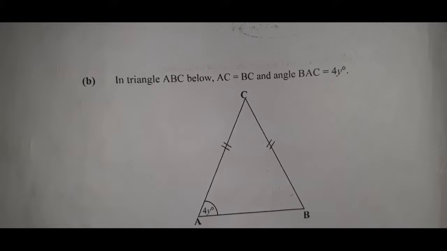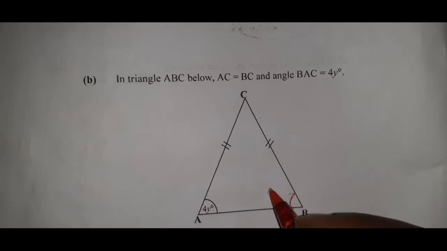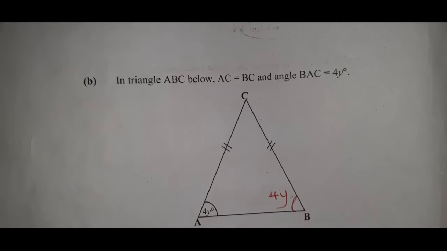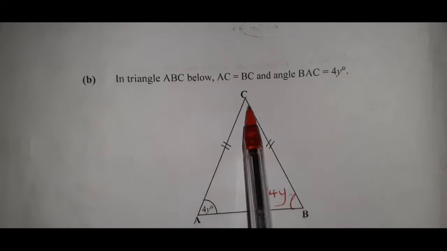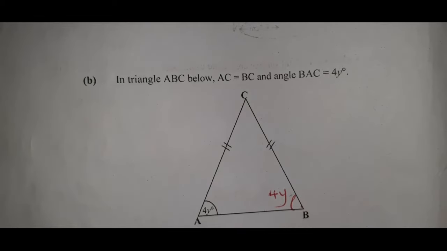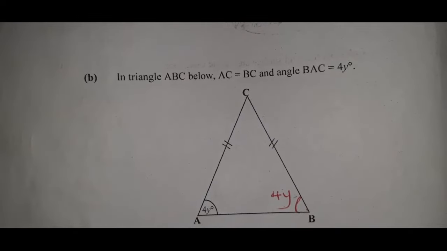This is an isosceles triangle here. So meaning, even this angle here is 4y. So we are told to express the size of angle ACB in terms of y in its simplest form.